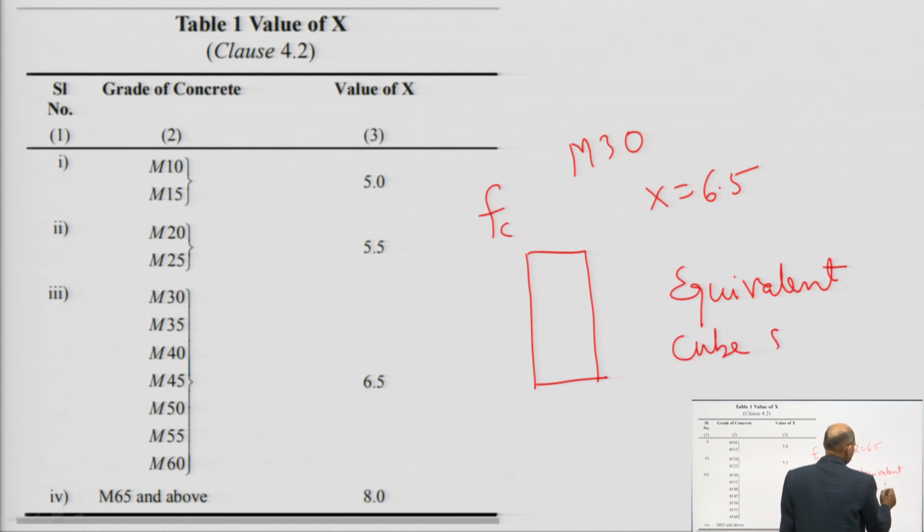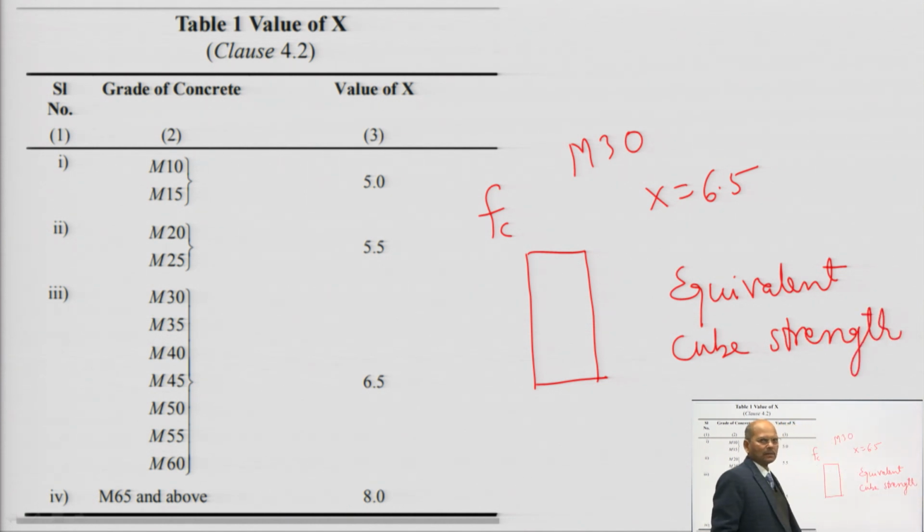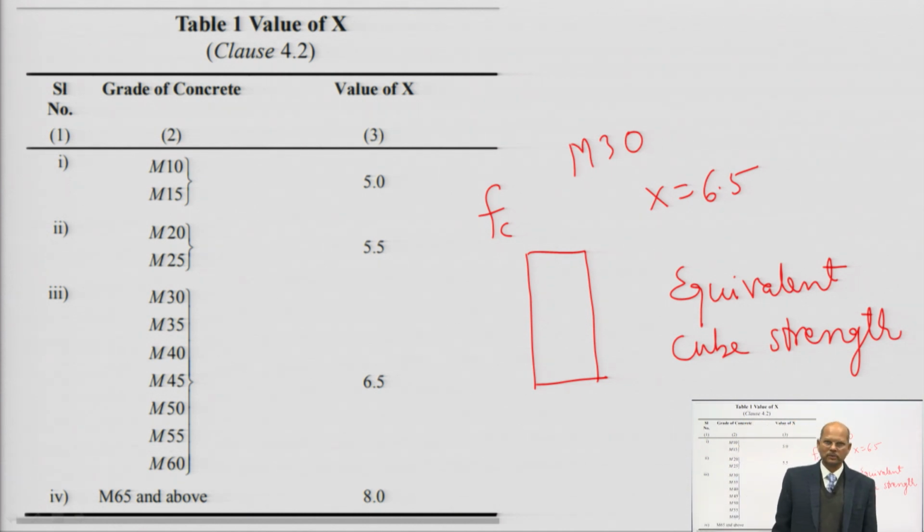Our designation is M10, M15, M20 like this: up to M20 is ordinary concrete, M25 to M60 grade is standard concrete, and M65 to M100 is high strength concrete. Our Indian standard is based on a cube of size 150 mm by 150 mm by 150 mm, but in the UK they use the cylindrical strength.